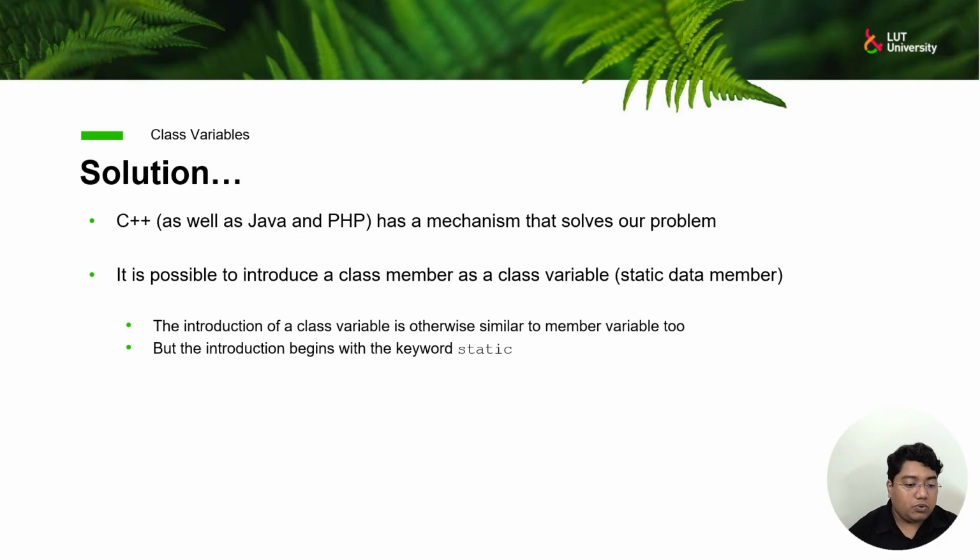No matter whether we create one student object, 100 student objects, or no student object at all, there's still only one copy of that variable. Every object refers to exactly the same piece of memory.